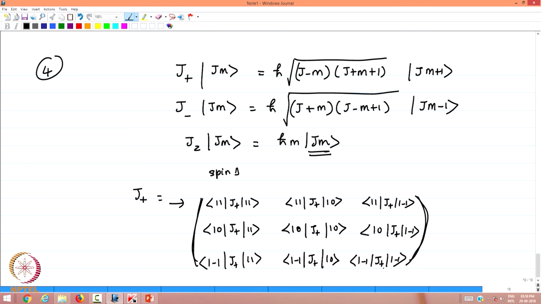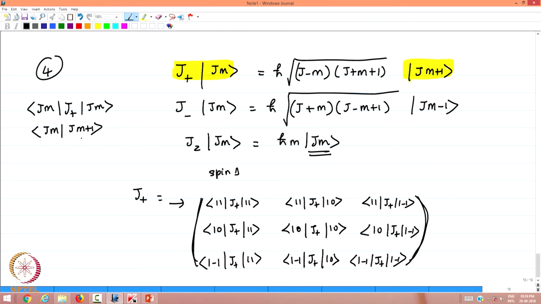Now, looking at the 3 equations that you have here, j plus on j m giving you j m plus 1, and therefore, if I do the matrix element calculation of j m j plus on j m, I know that the result will be j m plus 1.